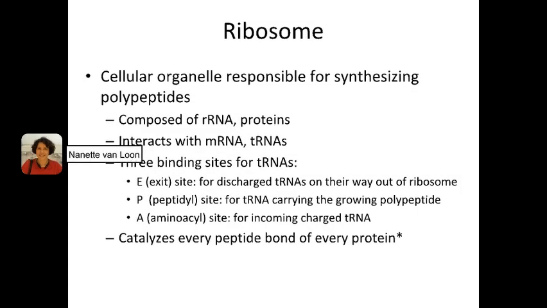Now it's time to take a look at the organelle that is responsible for the process of translation or protein synthesis. It is the ribosome. So the ribosome is that cellular organelle that makes the proteins. In fact, we learned that back in chapter 6 when we were first looking at cellular organelles, and now we're going to take a closer look.